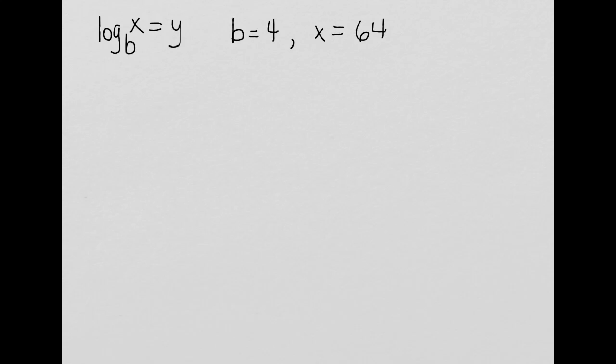Remember our rules that b has to be greater than 0 and it can't equal 1, and that x has to be greater than 0. These follow those rules. So if this is true, then log base 4 of 64 equals some y value.